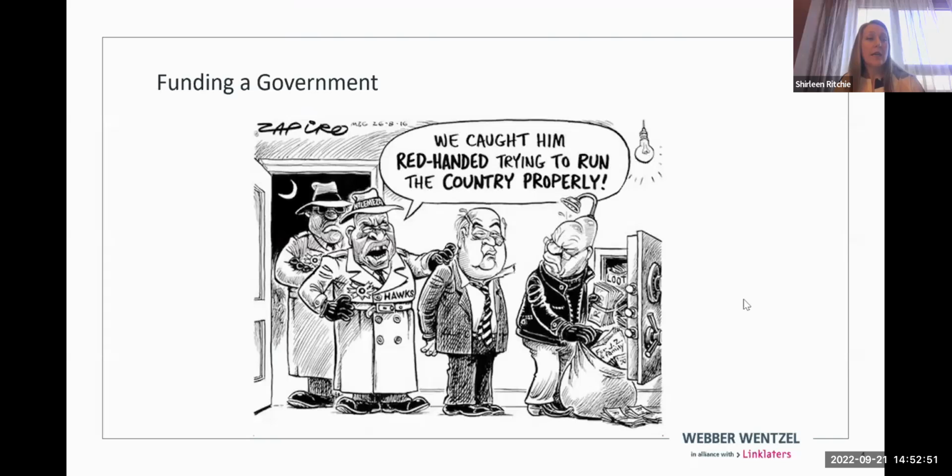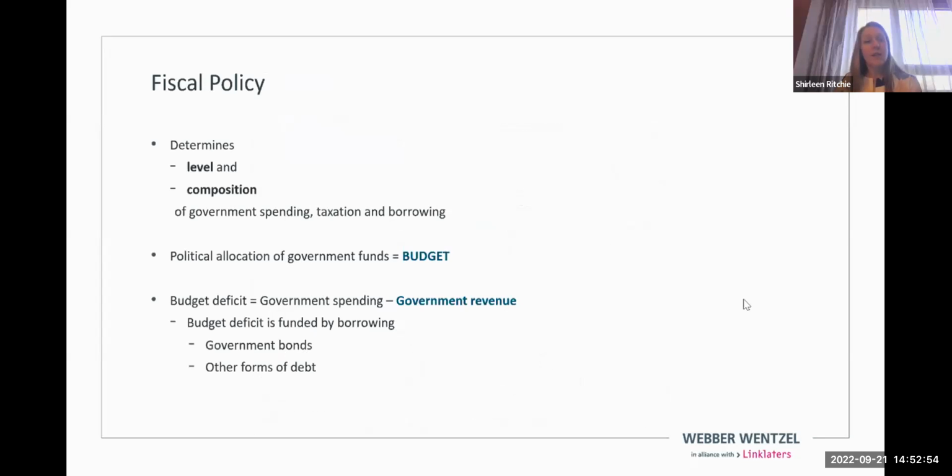So tax ultimately is a means of funding a government. Fiscal policy, which is usually determined by a treasury function within government, will determine the level and composition of government spending, including taxation and borrowing. The political allocation of those funds is what we call a budget.